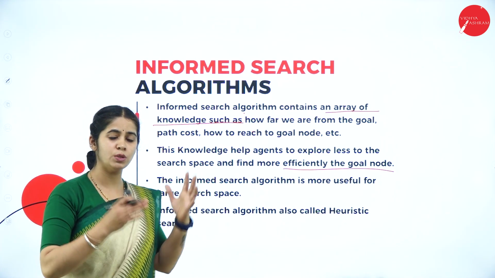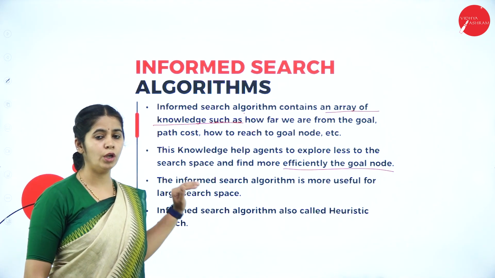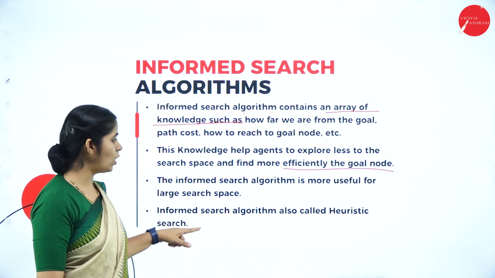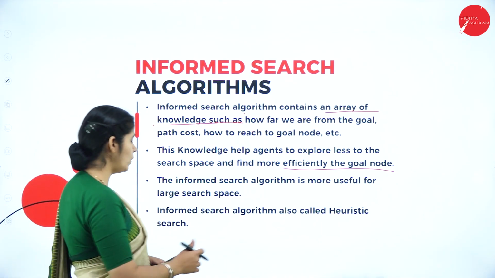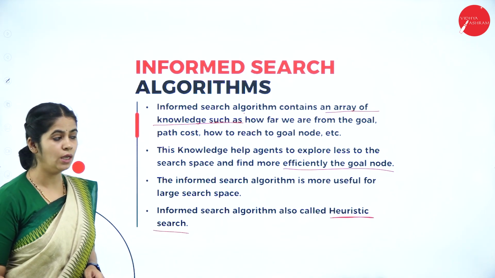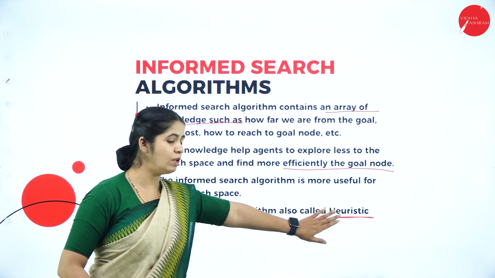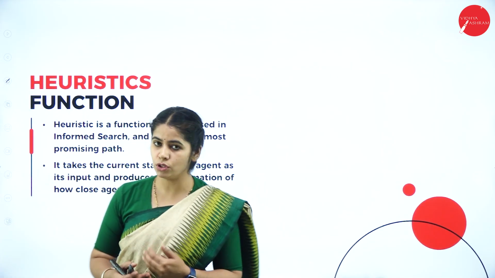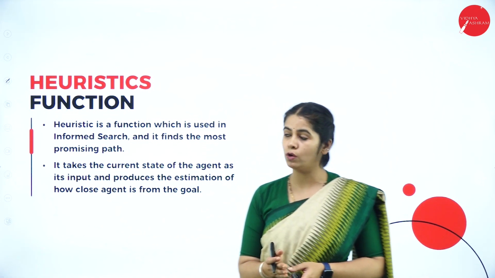Whenever the search space is very large, that is when we implement informed search algorithms. Informed search is also called heuristic search. Heuristic means having some knowledge. So it has some prior knowledge, so we call it heuristic search.